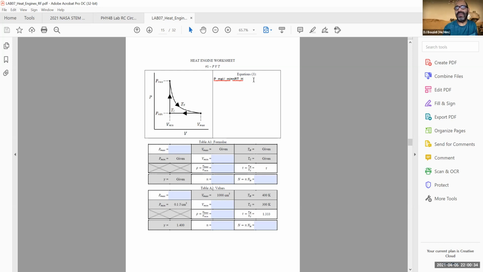Also, if you run out of space, please use an extra paper in here. I know also this point, Pmin times Vmin is equal to nRTC.